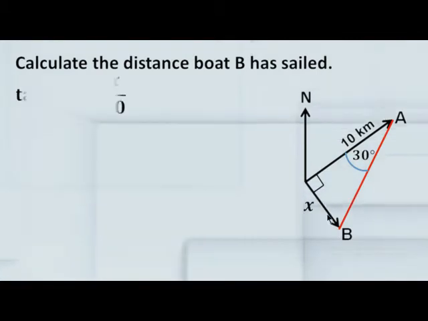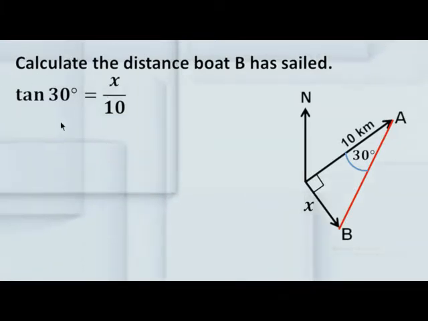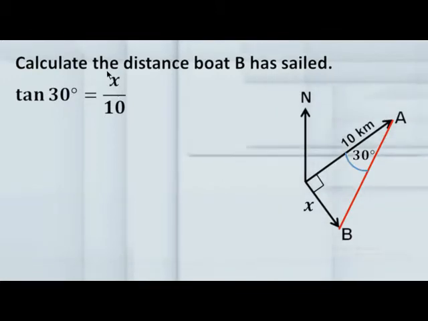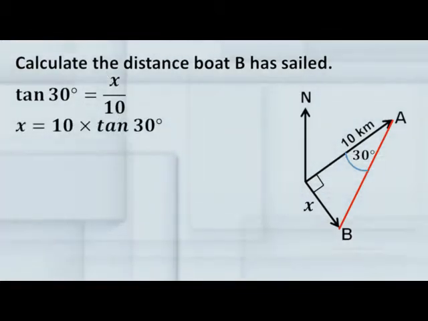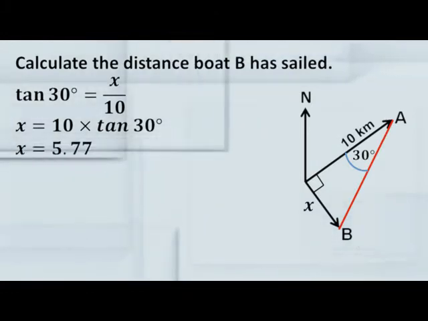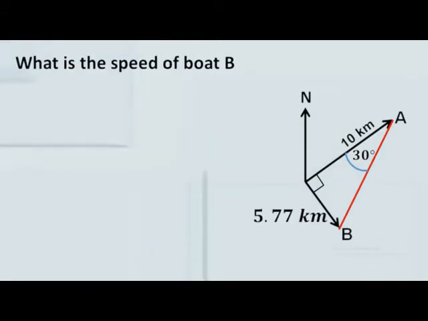Since we are going to find the opposite and we know the adjacent, we are going to use tangent. Tangent 30 degrees equals x per the adjacent, because tan is opposite per adjacent. So x equals the adjacent multiplied by tangent 30. So the value of x equals 5.77 kilometers. This is the distance that boat B has sailed.